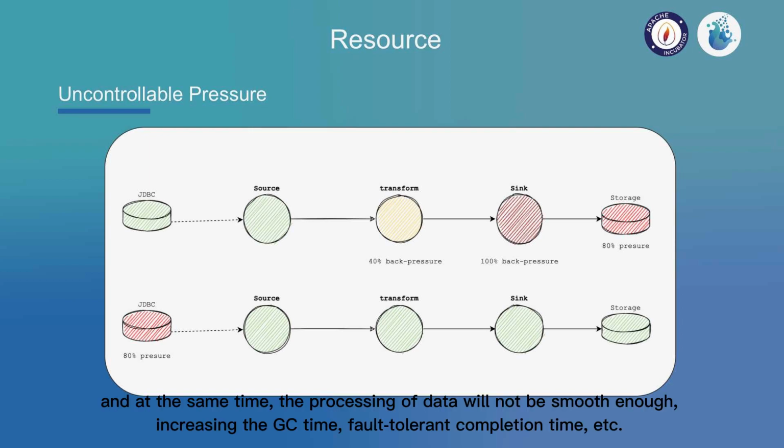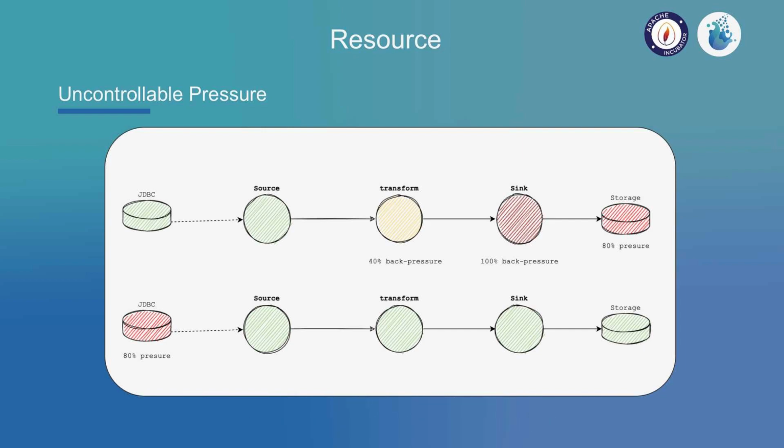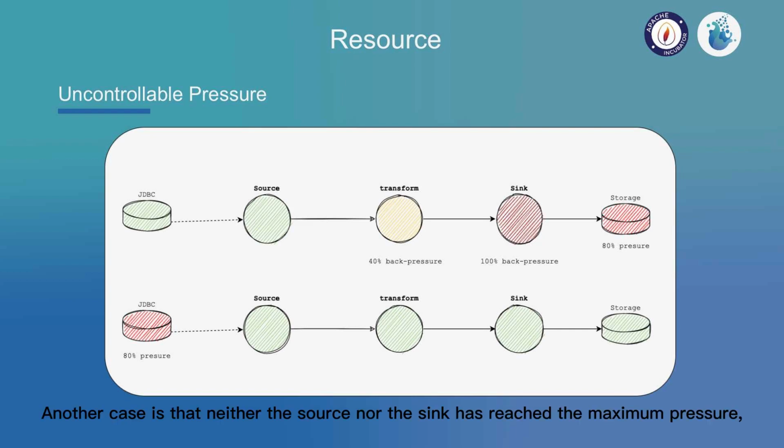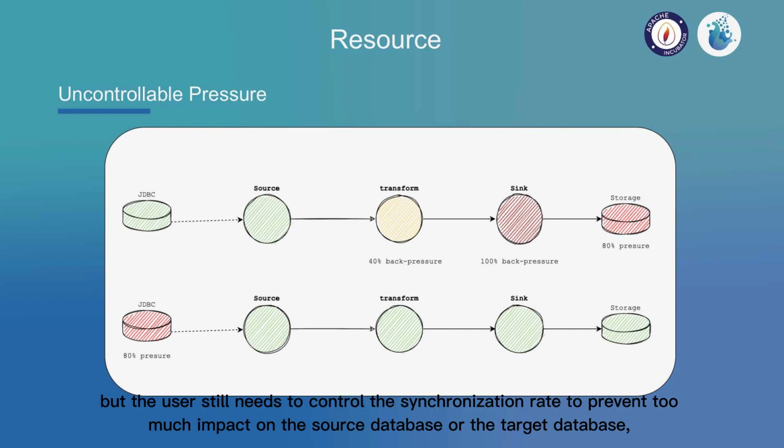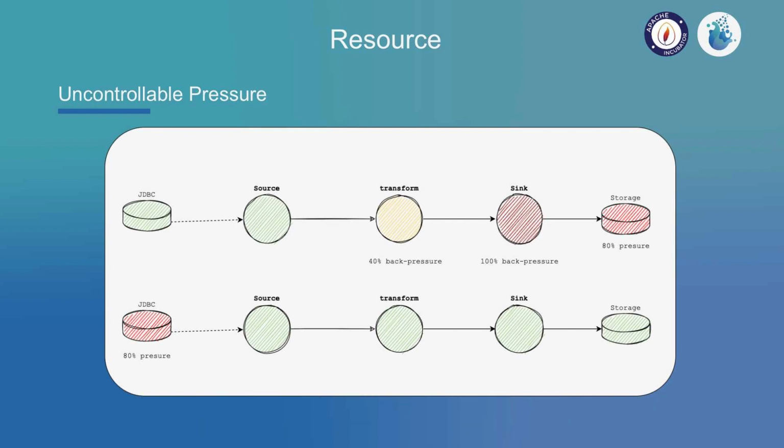And at the same time, the processing of data will not be smooth enough, increasing the GC time, fault-tolerant completion time, etc. Another case is that neither the source nor the sink has reached the maximum pressure, but the user still needs to control the synchronization rate to prevent too much impact on the source database or the target database, which cannot be controlled through the back pressure mechanism.